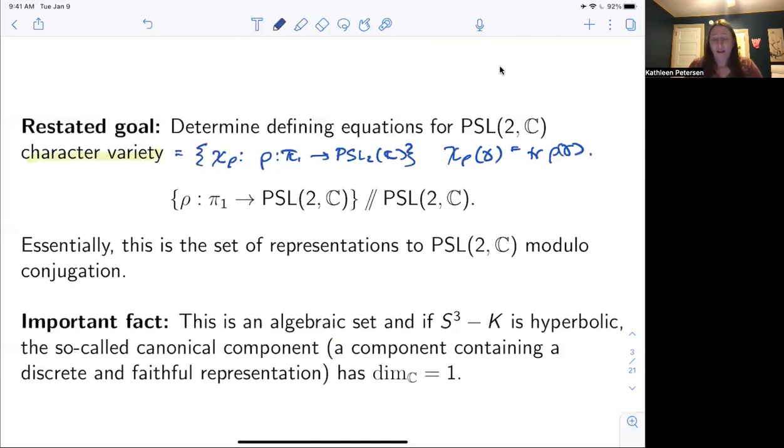So some important facts: if the knot complement admits a hyperbolic structure, then the character variety of its fundamental group might have several components from an algebraic geometric point of view. For example, x times y has two components because x times y equals 0.